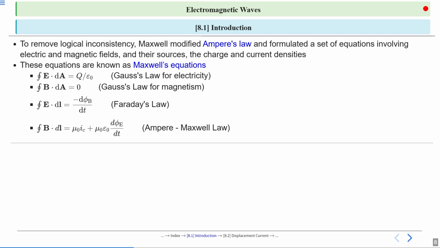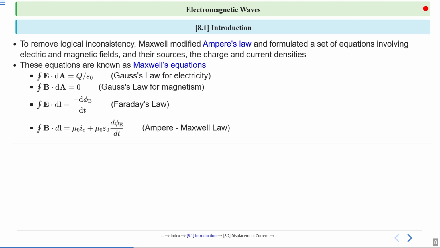Plus, what Maxwell added in Ampere's law is mu naught epsilon naught d phi E upon dt. That term he added extra, and that term is due to the magnetic field present between the plates of the capacitor. Got it? That is known as Ampere-Maxwell law.